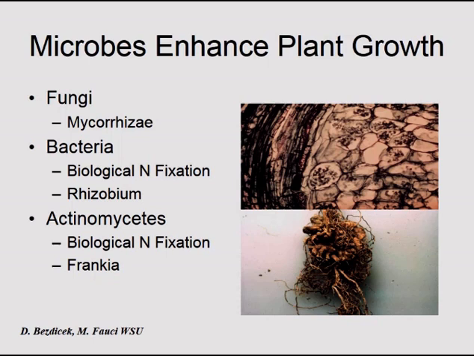In the case of mycorrhizae, the fungi are benefiting because they're able to suck off nutrients from the plant and use its energy, but in turn they're supplying the plant with other nutrients. In the case of the rhizobium, they're infecting the plant and again using the plant's carbohydrates and energy, but in turn they're fixing atmospheric nitrogen and putting it into the plant in a form that it can use.